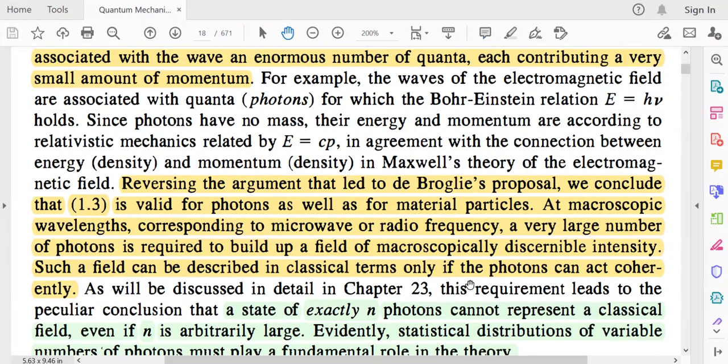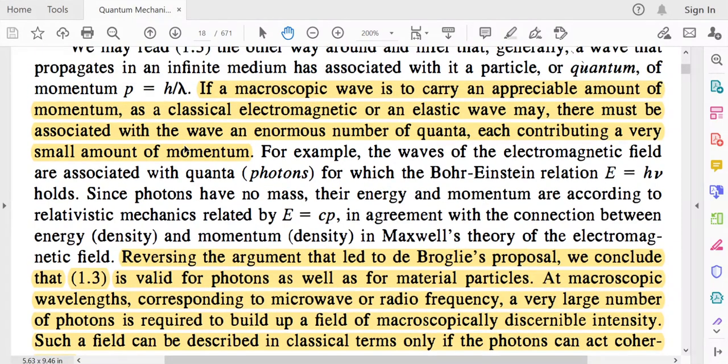So how can we get discernible intensity? To get a discernible intensity, there must be a very large number of photons. Similarly, when we are getting some appreciable amount of momentum, we require a very large number of photons.